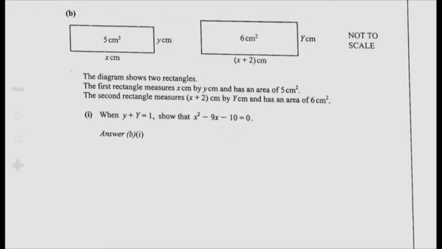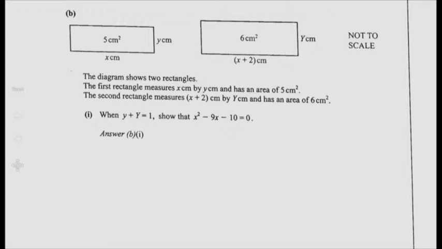The diagram shows 2 rectangles. The first rectangle measures x centimeters by y centimeters and has an area of 5 square centimeters.